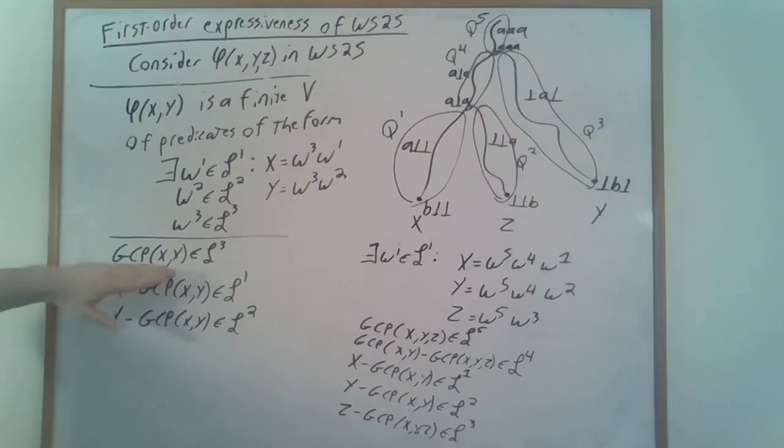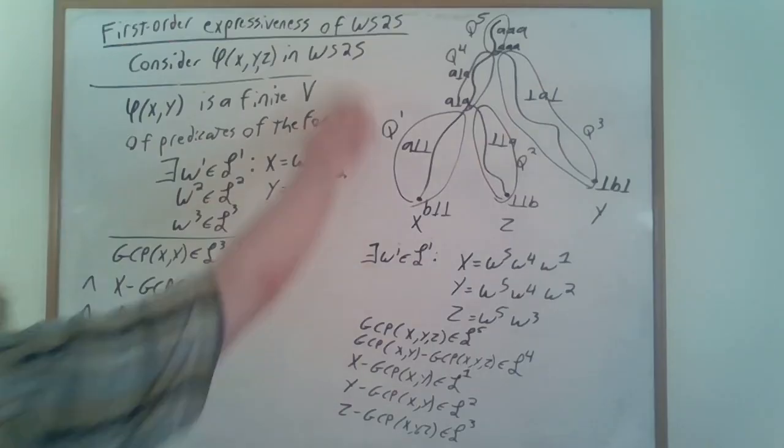It's not that bad to show that we can talk about greatest common prefixes in weak S2S. After all, we can talk about prefixes in weak S2S, and it's certainly possible to assert that a particular element of weak S2S falls into some regular language. And this one's a little bit tricky, showing that the difference, we can't talk about the difference operation in weak S2S.